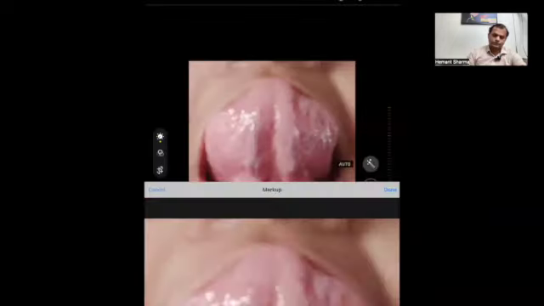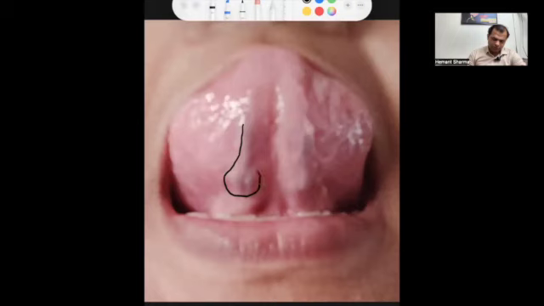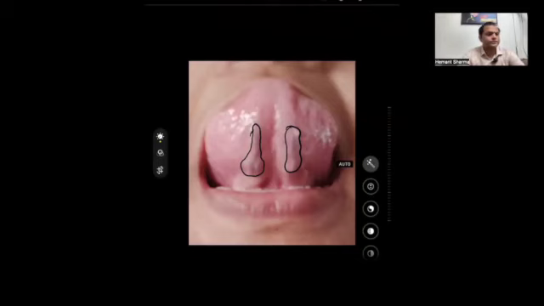Let's see in this image. If you see this image, the purple veins are distended here. So the blood stasis is in a severe condition. Need to take care. Need to resolve this problem.